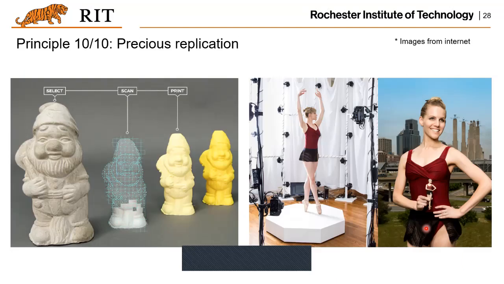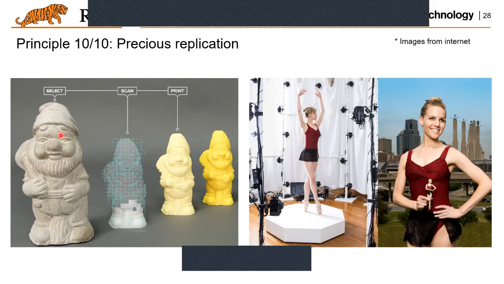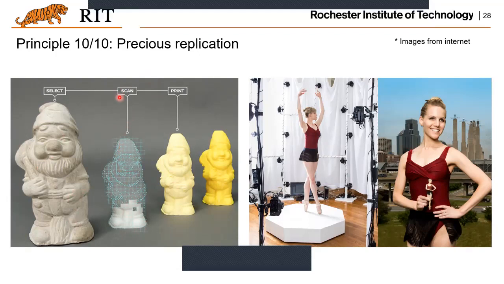And the last principle or benefit for additive is that it could enable the precise replication of a physical model. Basically, like the statue shown here, you just do a 3D scan, and then with the digital model, you can directly print it out like this.